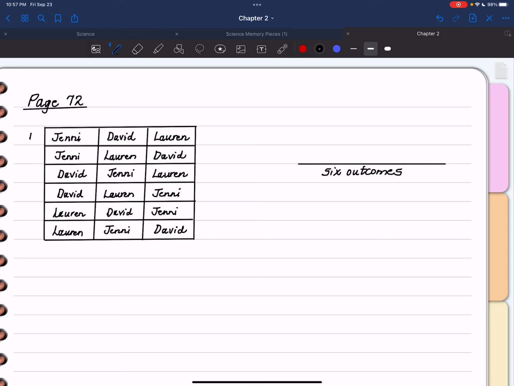Here's 1, 2, 3, 4, 5, 6. So that is the denominator of my ratio. We want to know, if everybody chooses randomly, what is the probability that Lauren will be next to David?